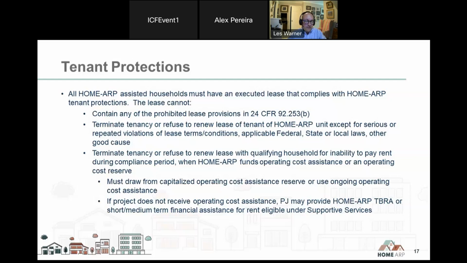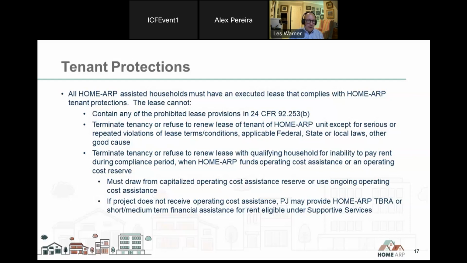And it essentially says, if any of these prohibited lease provisions are included in the lease, with this addendum, it's going to make those null and void. So that's one of the requirements under tenant protections, to make sure that none of these prohibited lease provisions listed at 92.253(b) have been put in place for any of our HOME-ARP tenants.